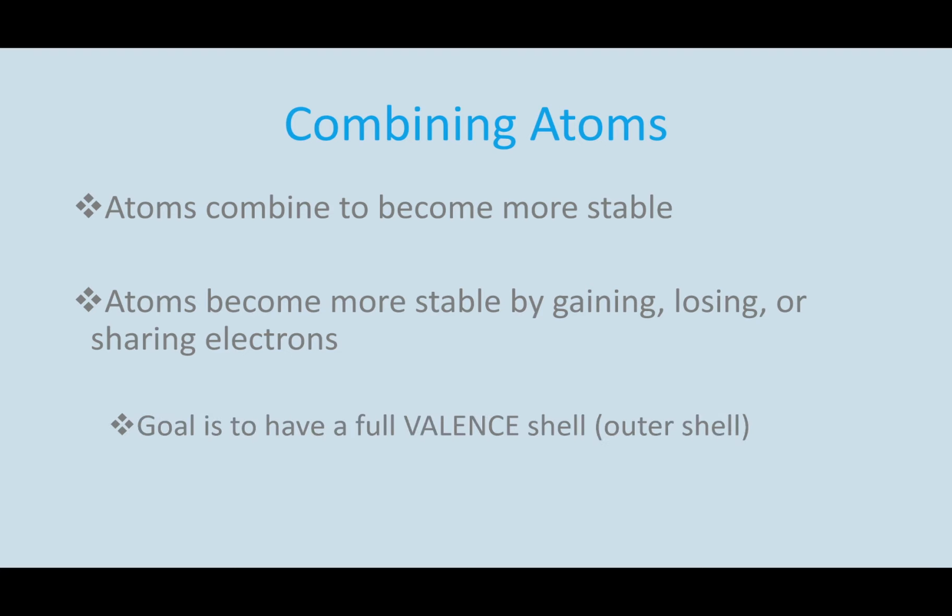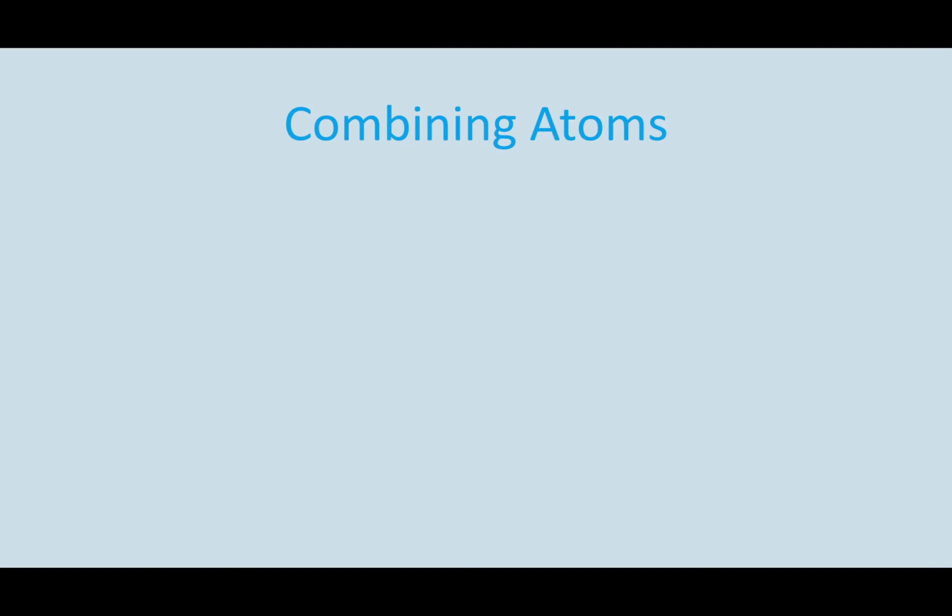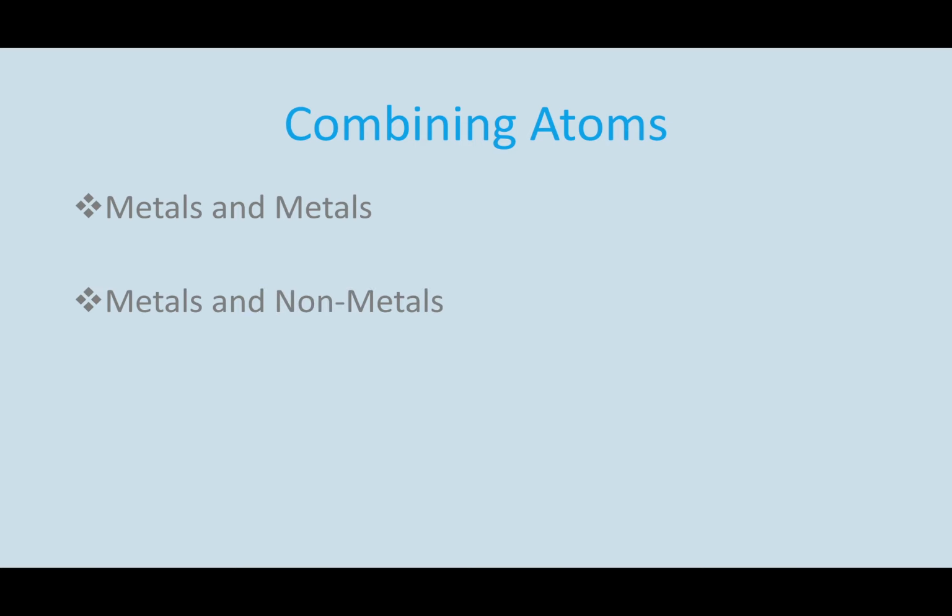Again, the goal for atoms is to have a full valence shell, or the full outer shell, whether it is that duet rule or that octet rule of having either 8 in its outer shell or 2 in its outer shell, depending on which element it is. So when combining atoms, there are 3 different cases that we can look at: metals and metals, metals and nonmetals, and nonmetals combining.